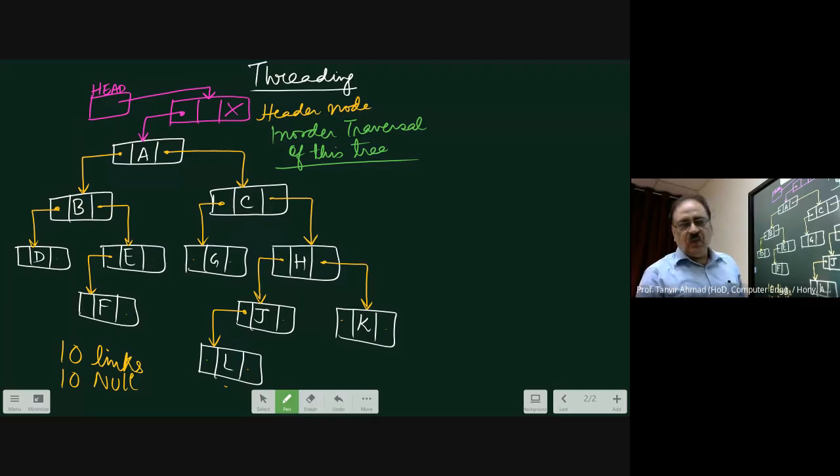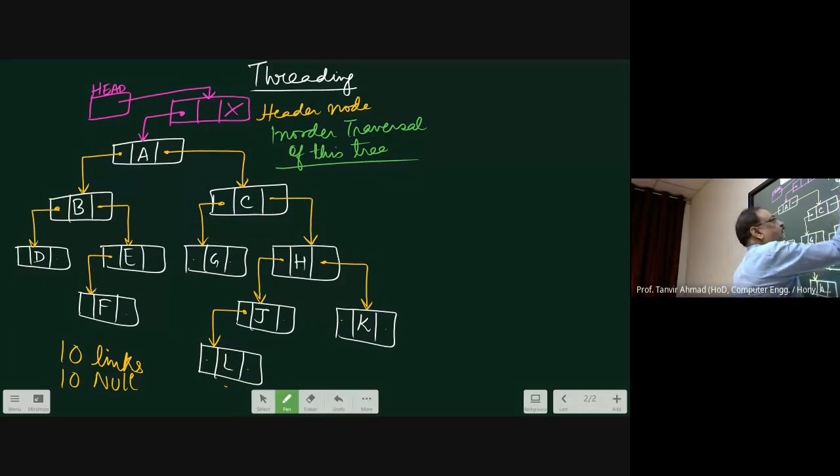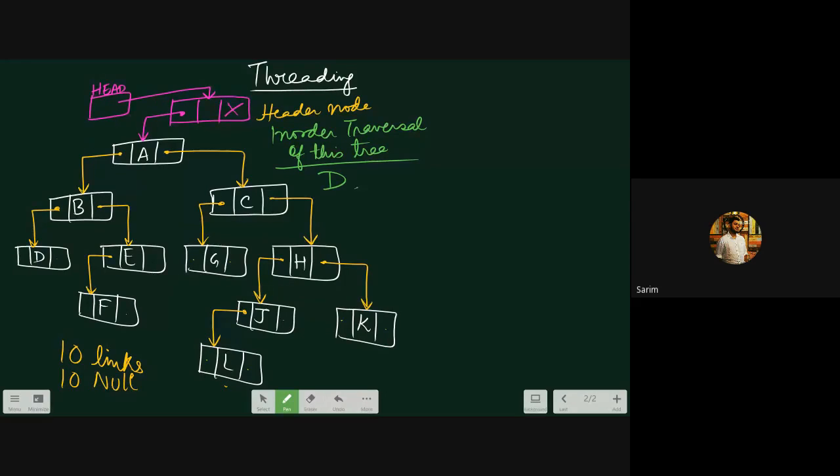Now tell me what is the in-order traversal for this tree? In-order means left, root, right. Which will be first?